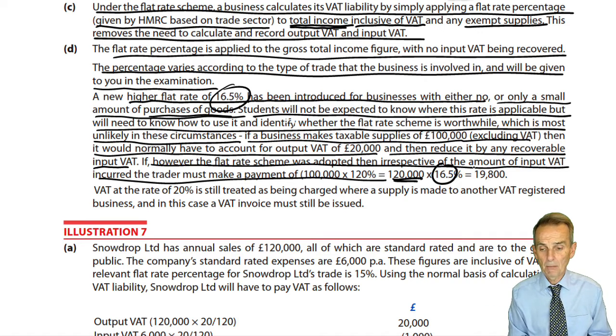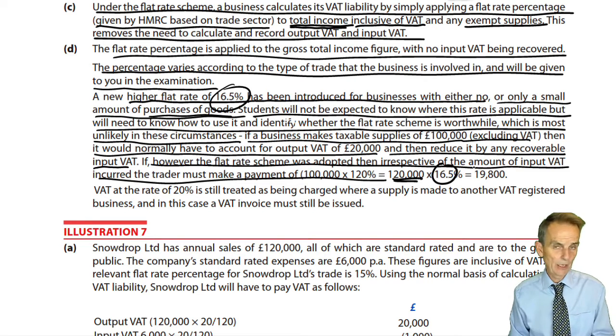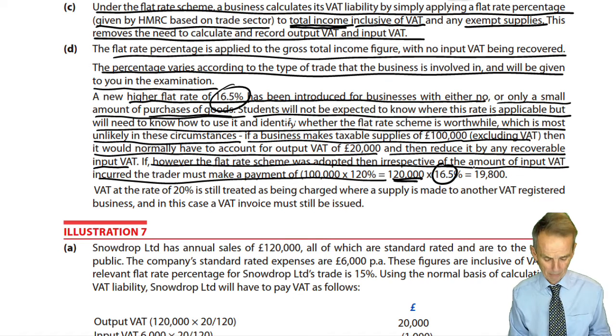And then do a normal calculation of output VAT for the VAT return period less input VAT for the VAT return period, and see what the actual amount would be. Whichever is lower would indicate whether or not the flat rate scheme would have been beneficial, albeit just based on one period, at least in relation to that period, or would not have been beneficial.